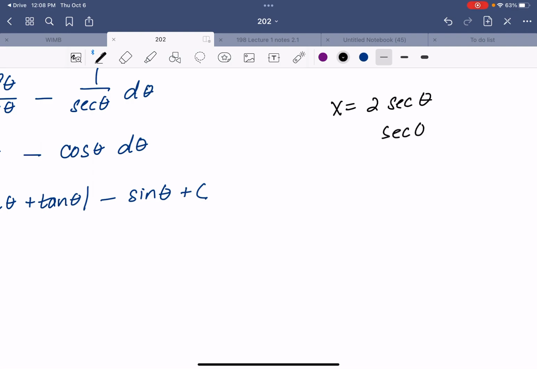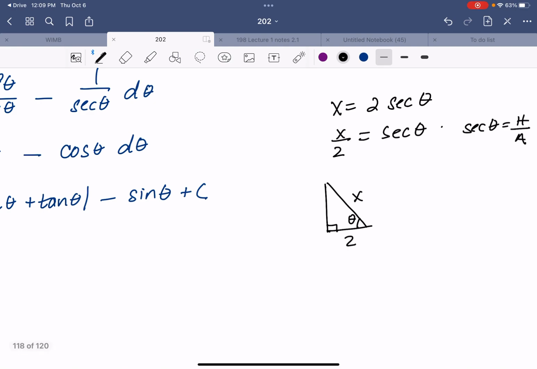If we divide both sides by 2, that tells us the secant theta is x over 2. We know that secant is 1 over cosine. Cosine is adjacent over hypotenuse, so if you take the reciprocal, secant is hypotenuse over adjacent, right? And so that makes, when I construct my triangle, the top is going to be the hypotenuse, so that x becomes my hypotenuse, and the 2 is the adjacent side, which is this one.